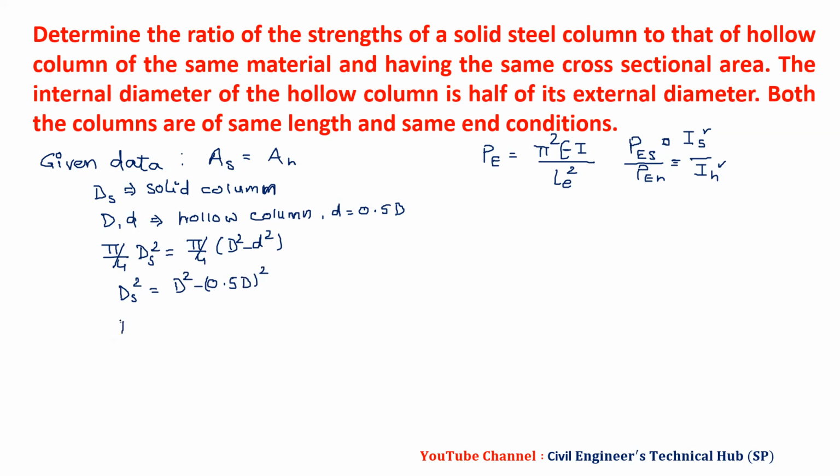If we take D square common, we have in bracket 1 minus 0.5 square. And from this we will get ds equal to the root of 1 minus 0.5 square, which is 0.87 D.